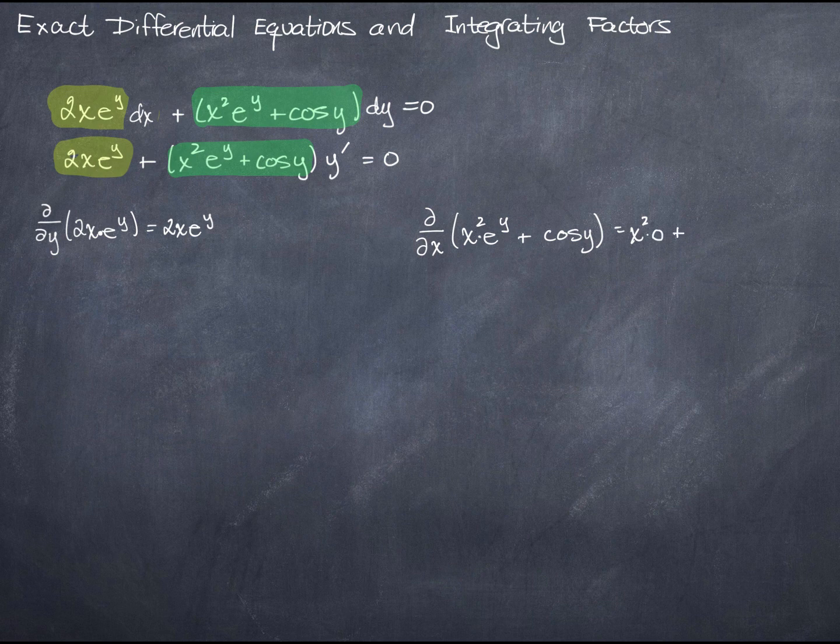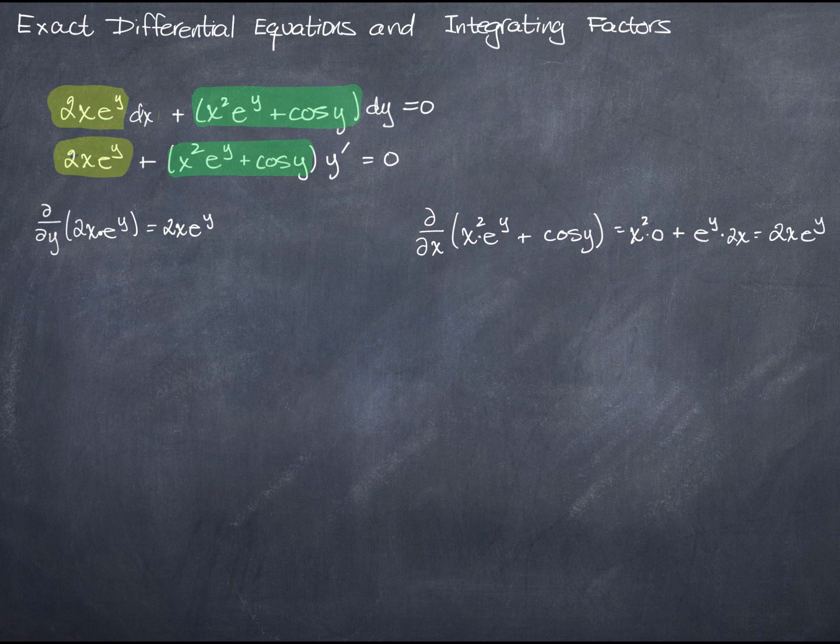Now I need the second, which is e to the y, times the derivative of the first. Now I'm differentiating partially with respect to x here, so the derivative here is going to be 2x. Plus the derivative of cosine y with respect to x: partially, y is a constant, so cosine of y will also be a constant, so its derivative will be 0. So I end up here also with 2x e to the y.